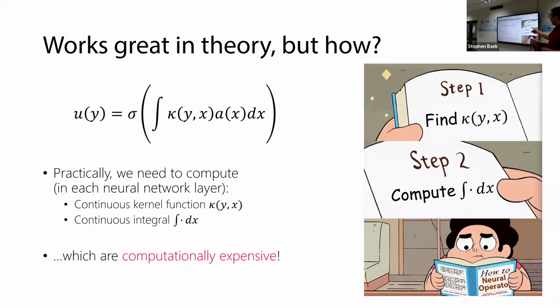How do we calculate kappa, the kernel function, is one thing. We've got to find a way to somehow model this. And then also the integral. Whenever you see an integral operator, you have to be concerned, because integral is something that requires a lot of computational resources to compute. It's not easy to compute an integral. So how do we do those two things is kind of a practical consideration for the implementation of the neural operator.